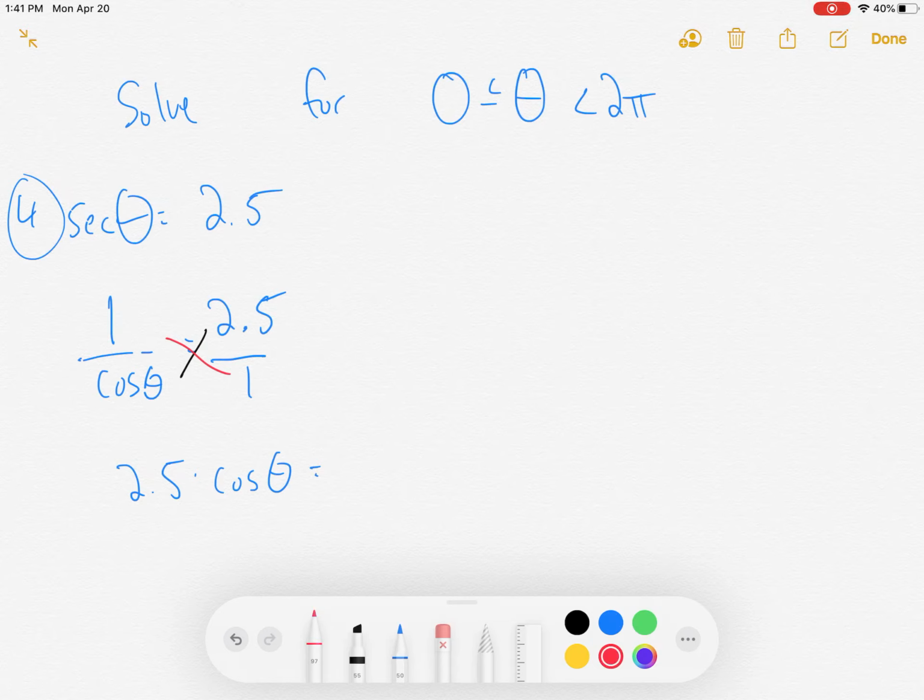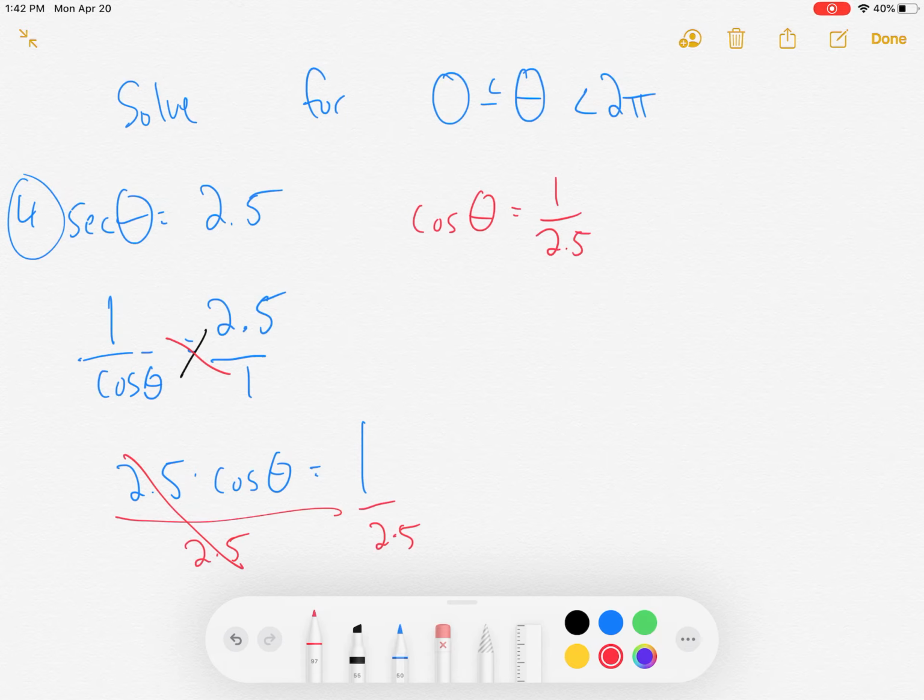So 2.5 times cosine of theta equals 1 times 1, which is 1. Now I want to get cosine of theta by itself, so I'm going to divide both sides by 2.5. And you should get cosine of theta equals 1 over 2.5.